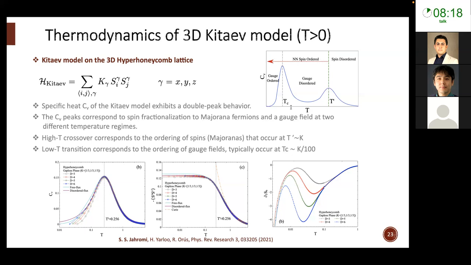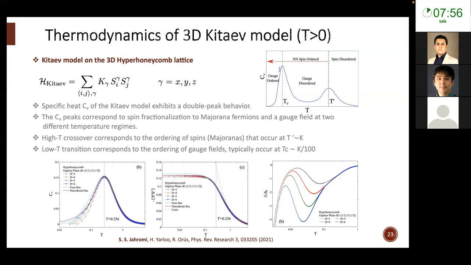However, if you cool down the system to some low temperature of the order of 1/100 of K, which is the Kitaev coupling, then you would reach another thermal phase transition point, below which you end up in the Kitaev spin liquid phase and the gauge degrees of freedom order.